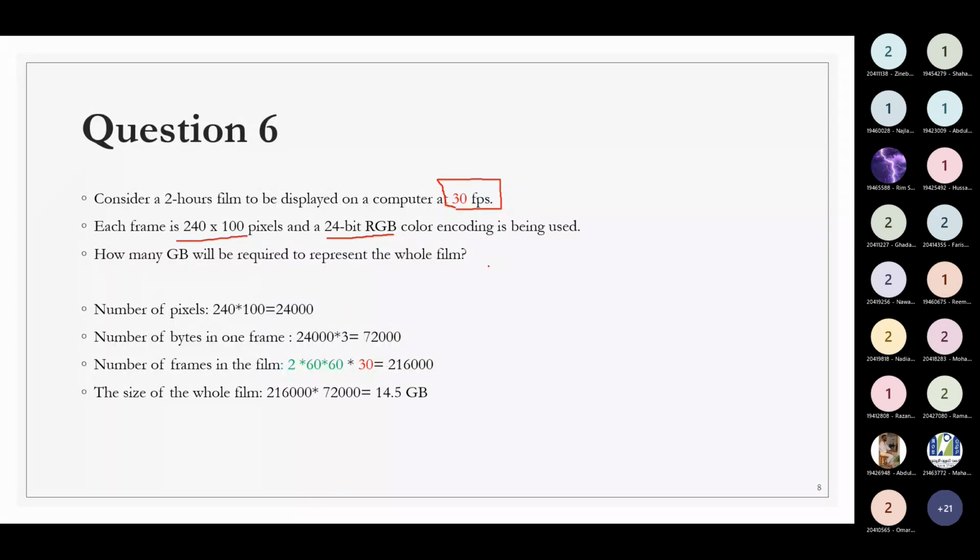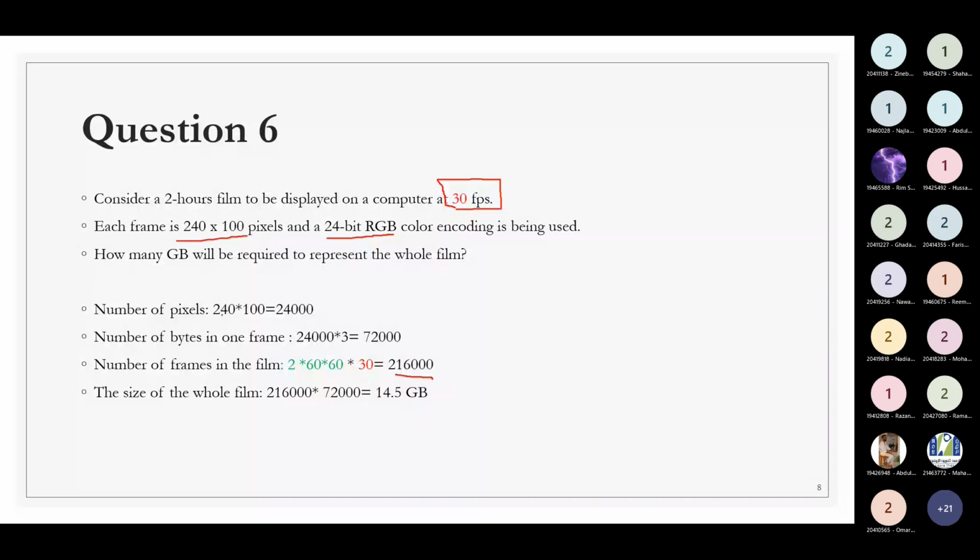We will apply the same steps: first calculate the number of pixels in one frame, the number of bytes in one frame, the number of frames as the time multiplied by the rate, and after that convert this amount from bytes to gigabytes.